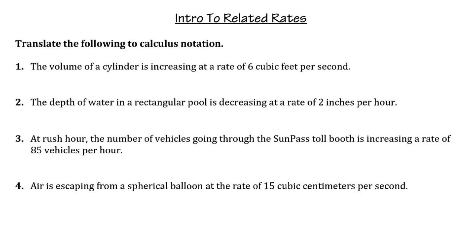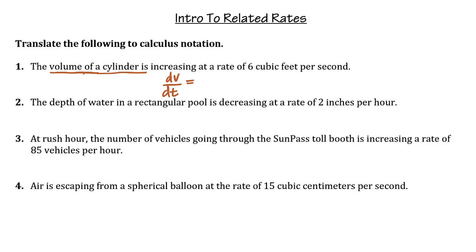For the first one, if you're talking about the volume of a cylinder increasing at a rate of 6 cubic feet per second, then the rate of change of the volume of the cylinder is going to be dV over dt, because with all of these related rates, we're looking at how things are changing over time.